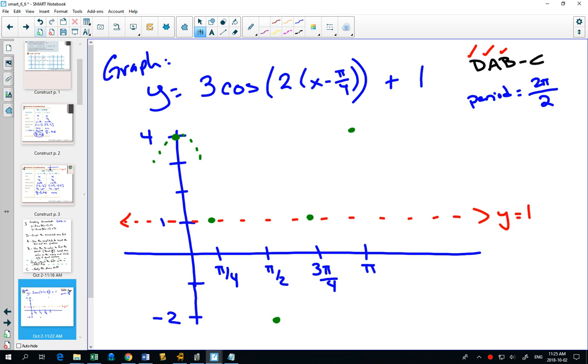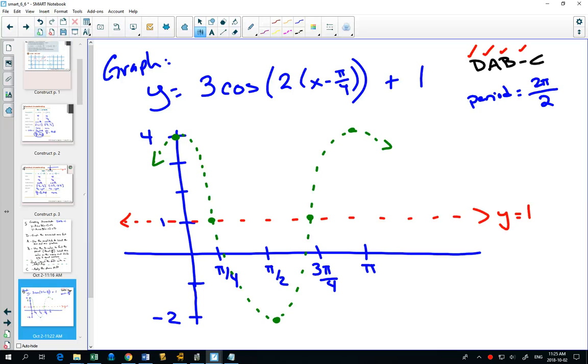Draw that with a dotted line. Finally, check it off, we now have done the dash part.